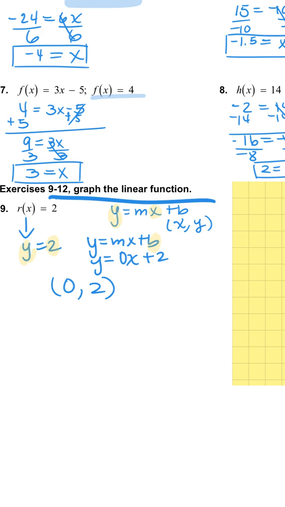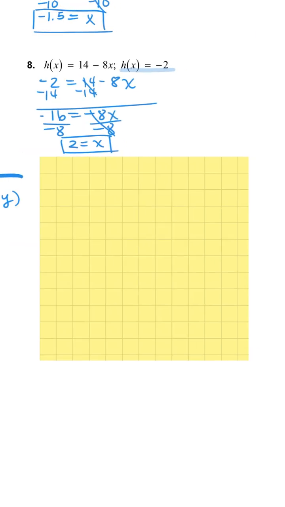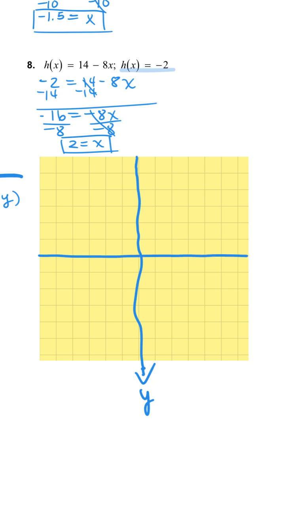So we're going to graph it. We know that its ordered pair is going to be 0, 2. If I graph it, I know it's a little bit crooked, but bear with me. This is y, and this is x. We know that the ordered pair that we established is 0, 2, correct? So I'm going to go, this is 1 and 2.